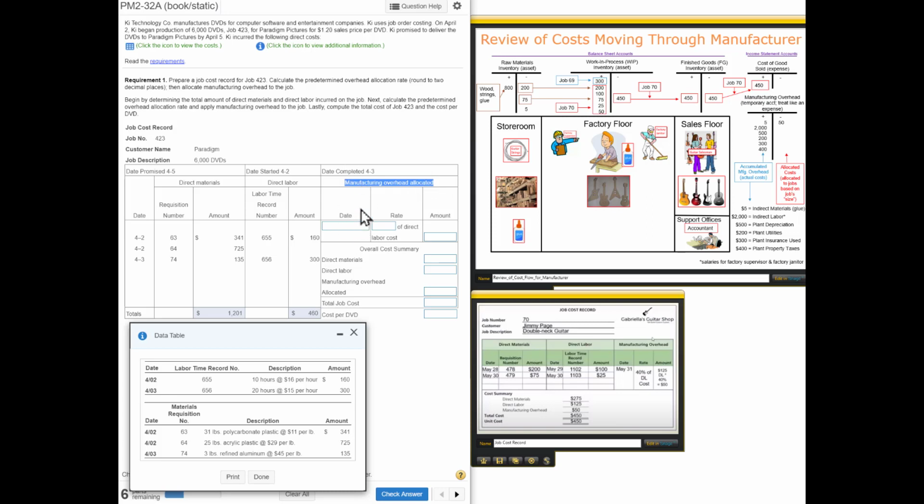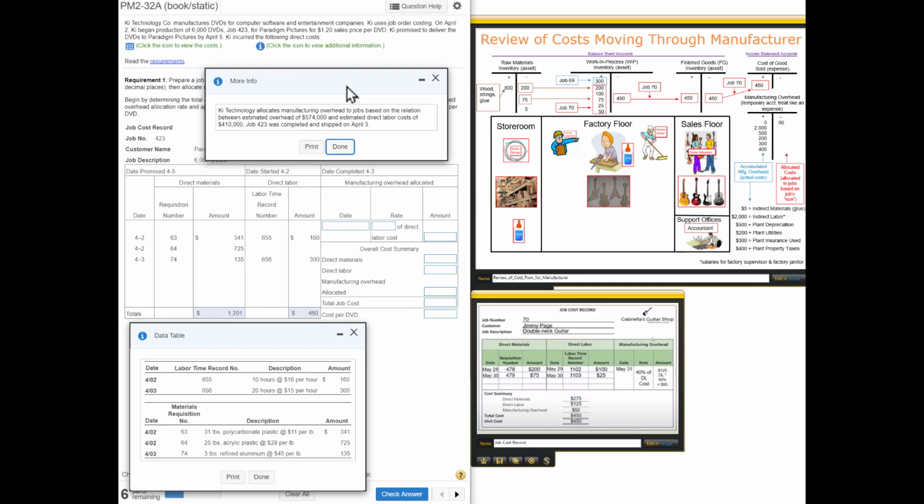First of all, let's figure out what the date is. The date that this job was completed, I believe, is found in here. So this job, 423, was completed and shipped on April 3rd. So now we need to calculate the rate for the manufacturing overhead.